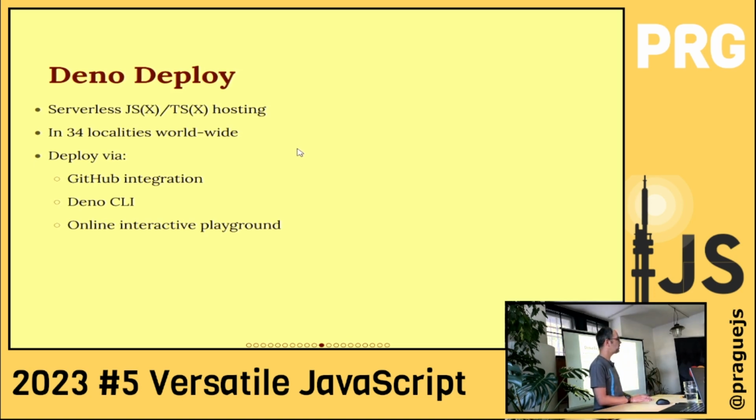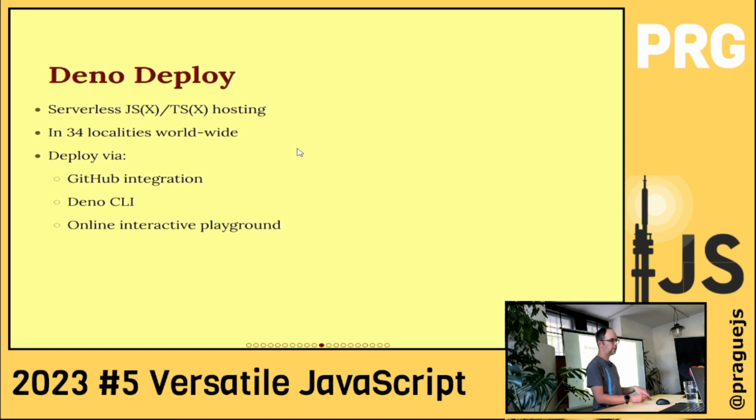And the deploy is being run in individual data centers across the world. They have 34, I think, localities. So basically, when you type the URL into a browser, such as PragueJS.deno.dev, then we are hitting the Deno Deploy service. In particular, we are hitting the closest data center that is located closest to us.